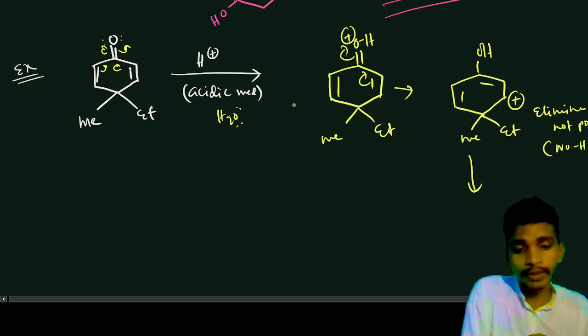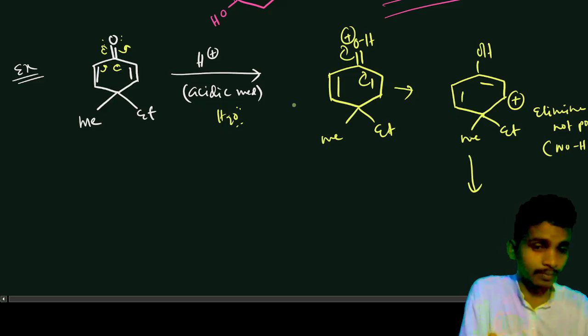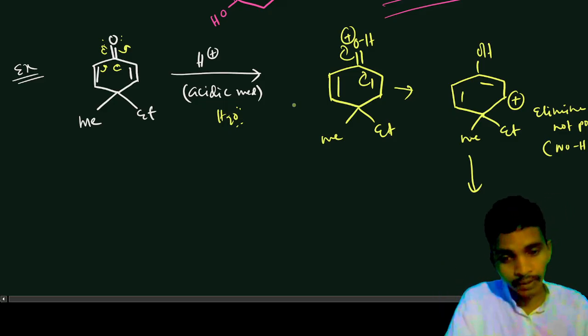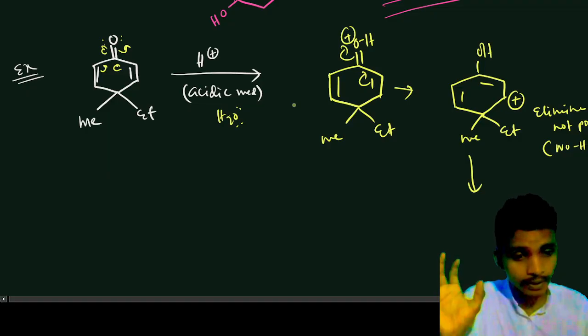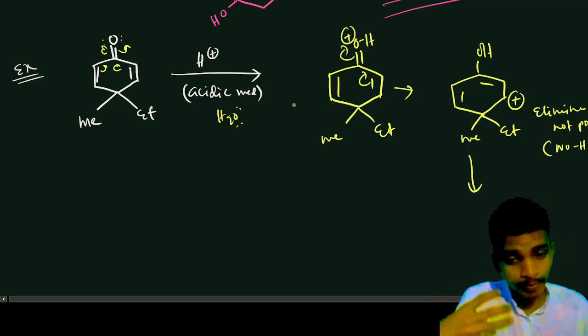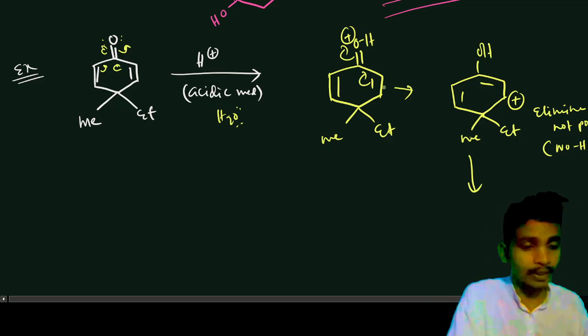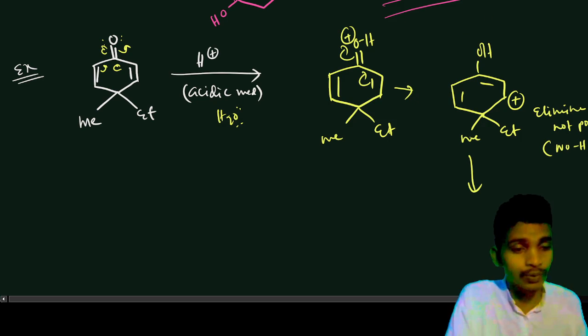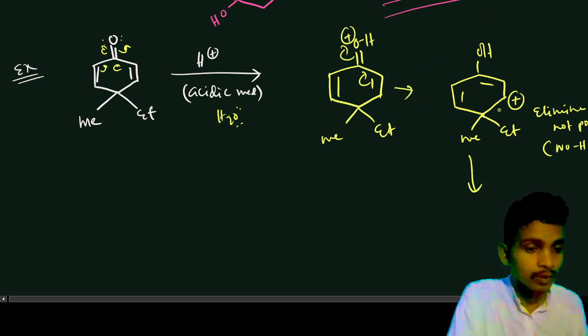So if water is present, or if water is not present and you simply heat, or if the product is very stable, then elimination happens by itself also. Okay, we should know about that. So here elimination is not possible because hydrogen is not there. Okay, so we will do migratory aptitude.